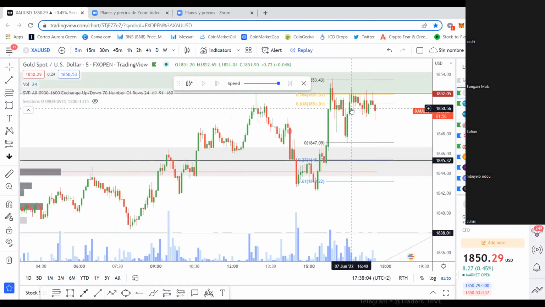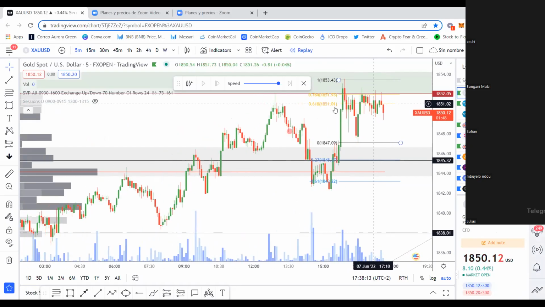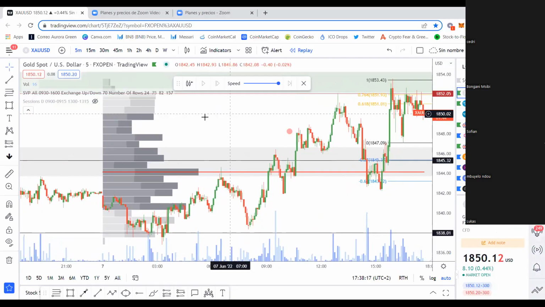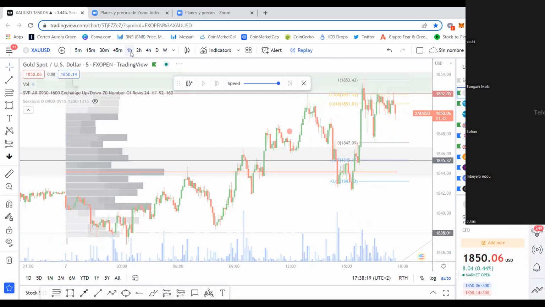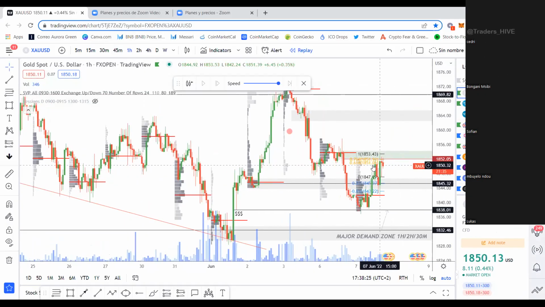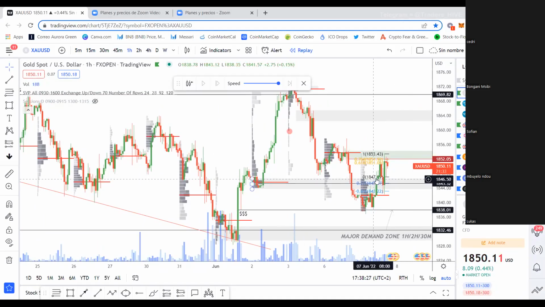Okay, gold is rejecting the zone we spoke about during the TikTok and Instagram live, rejecting very well the sell zone. Okay, so how am I going to see the zone? Look, here we have another example. Okay, look where price is at right now.